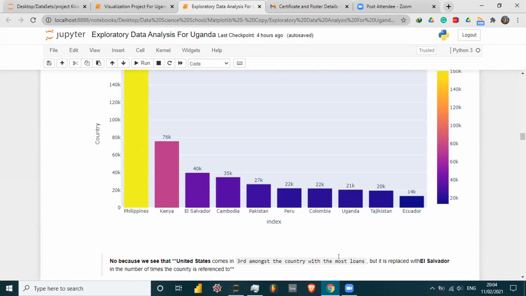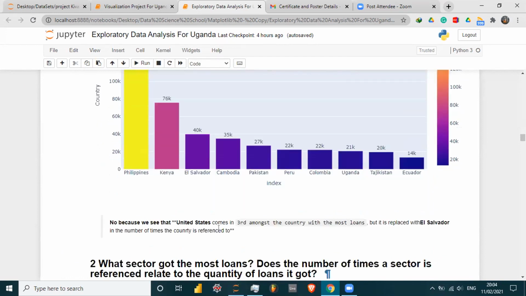So I said they don't relate actually, but for the most part we can find that the Philippines and Kenya are related. But also when you look here, we have Cambodia, Pakistan, Peru, and Colombia.